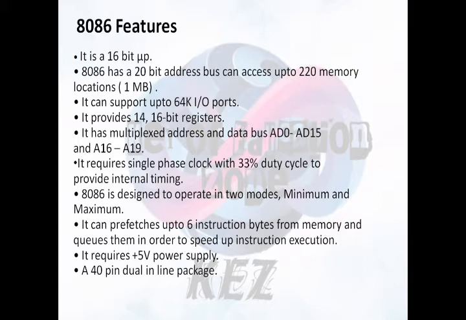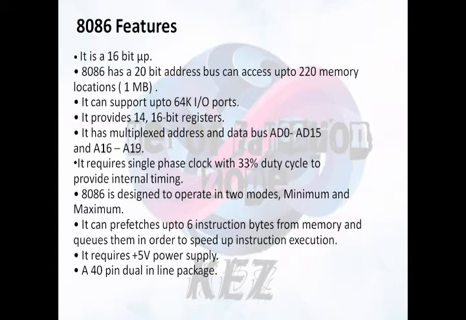Here we have 20 address buses, so it can locate or access up to 2^20 memory addresses or memory locations. It can support 64K input-output ports. It provides 14 16-bit registers. I repeat once again, 14 16-bit registers.